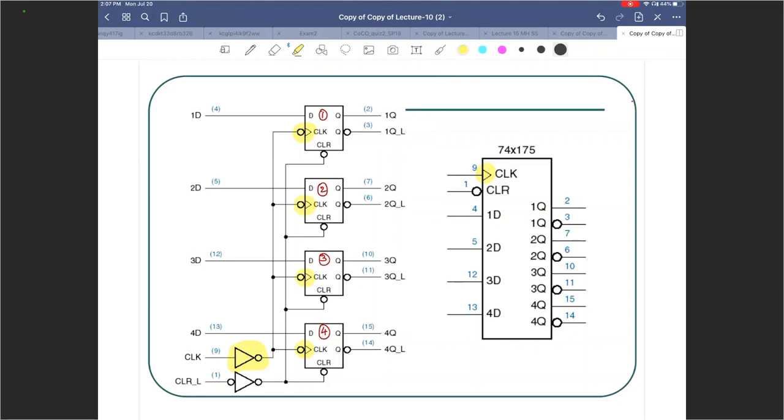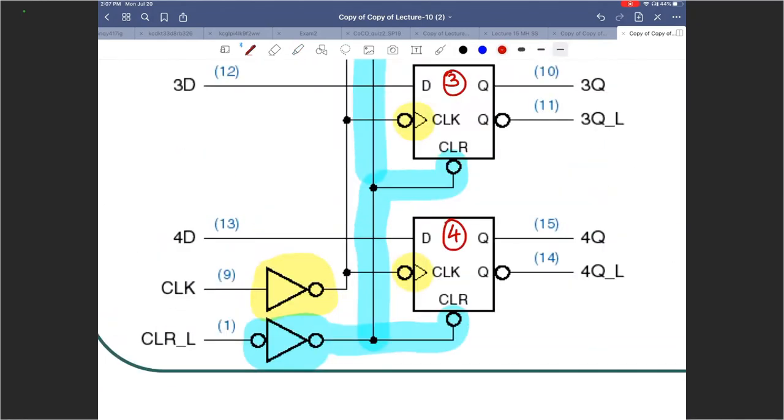Now coming to the active low clear. Here you have the active low synchronous clear. That's right there. Why did we need this?